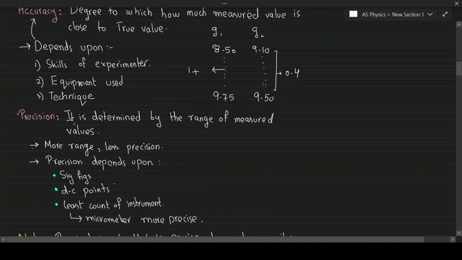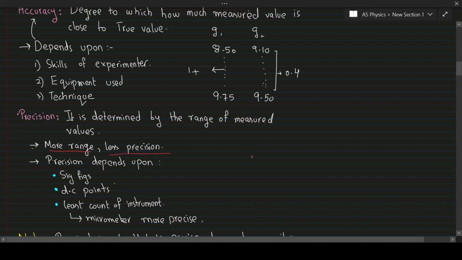Precision is determined by the range of measured values. So we know we usually take multiple values to get an average answer. If we take multiple values, it shows how much our values are close to each other, which means that if more range, then less precision.